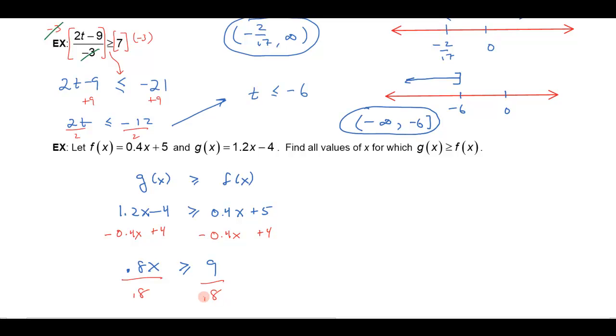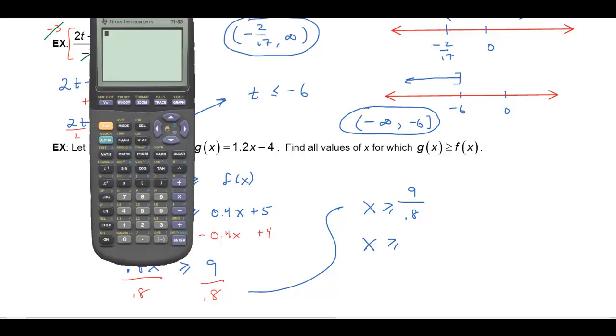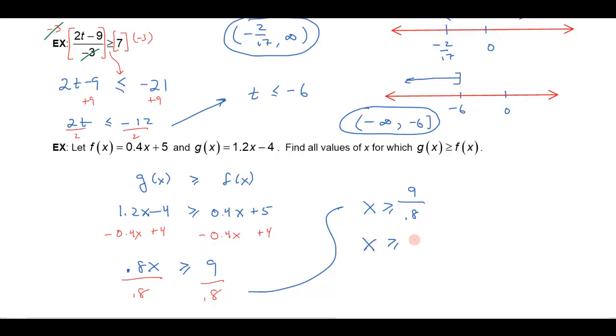Okay, and so since it's a decimal, I can go ahead and give my answer as a decimal. So my x is going to be greater than or equal to 9 divided by 0.8, which is going to be x greater than or equal to 11.25.